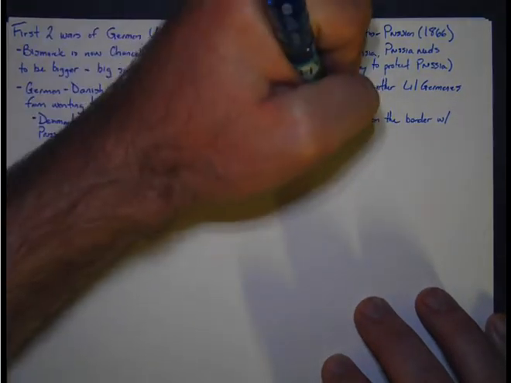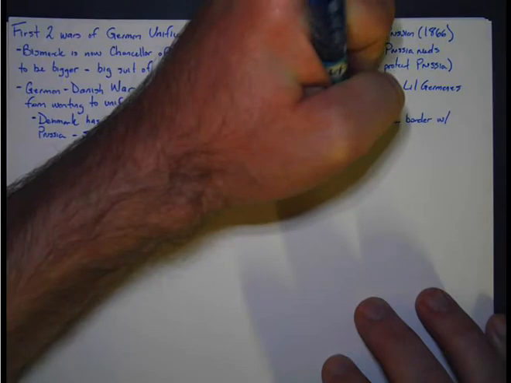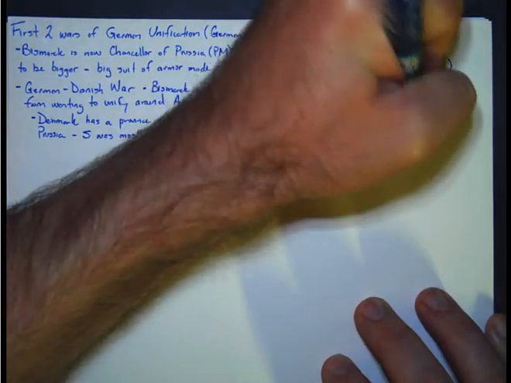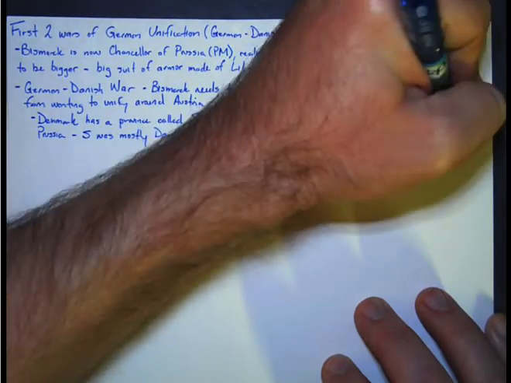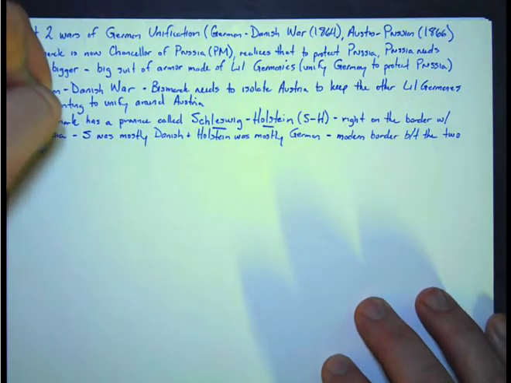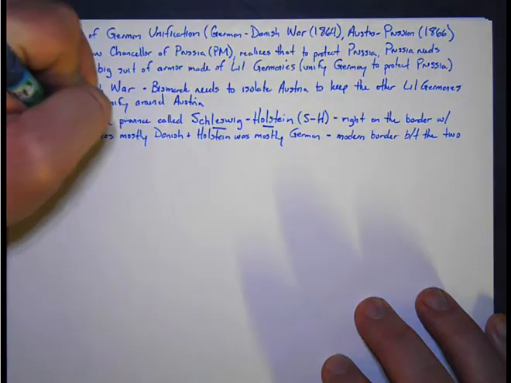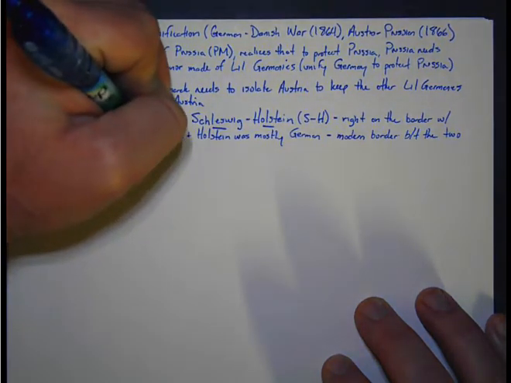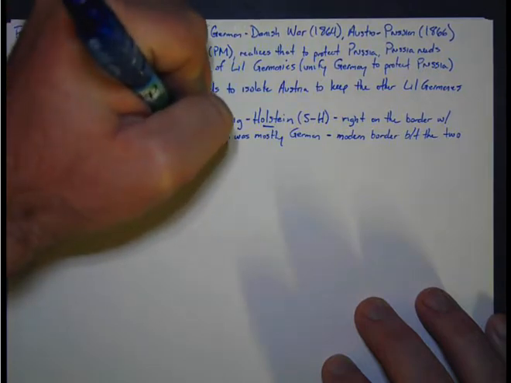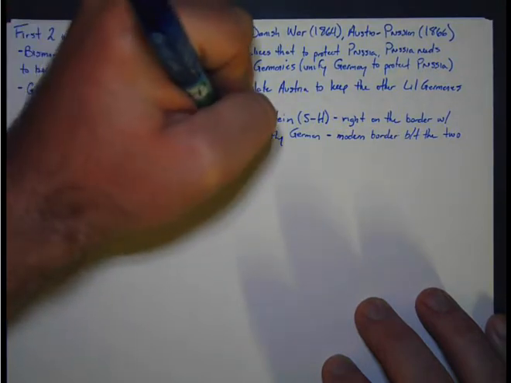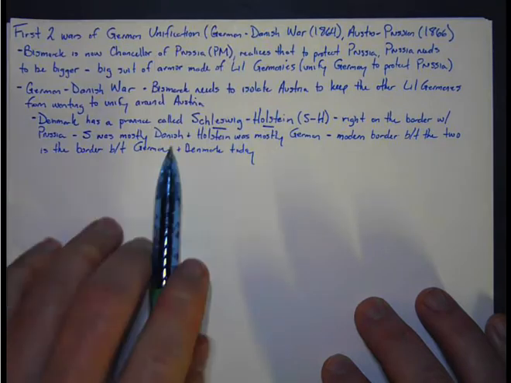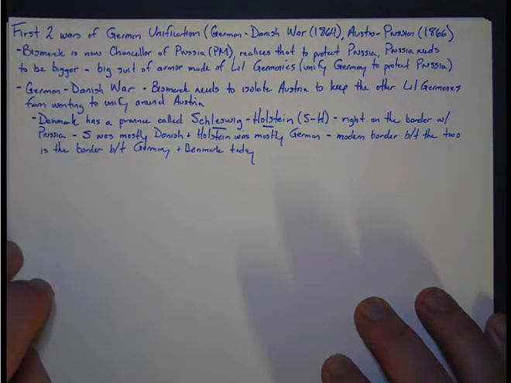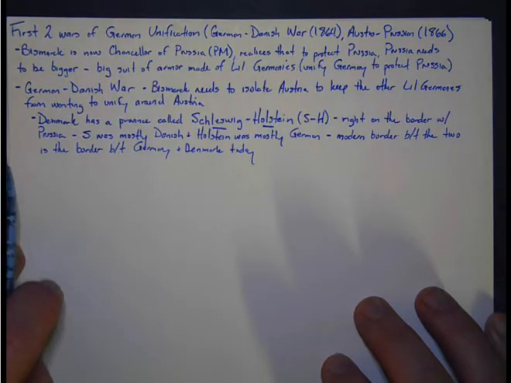And right now, the modern border between the two is the border between Germany and Denmark today. So Schleswig is still Danish. Holstein is now one of the northern pieces of modern Germany.